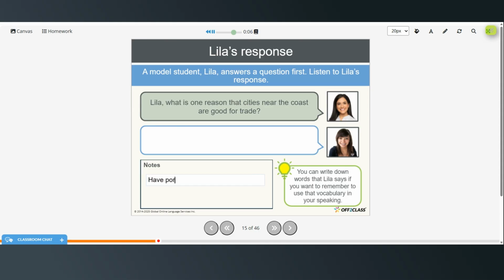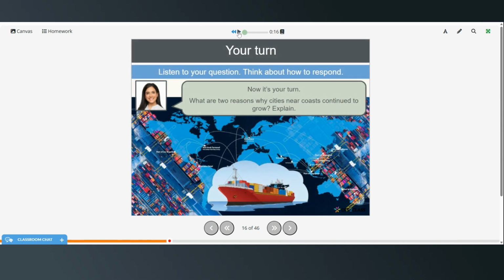Boats can come to the port with goods from other places, so people can buy and sell things easily. Leela talked about why cities near the coast are good for trade.